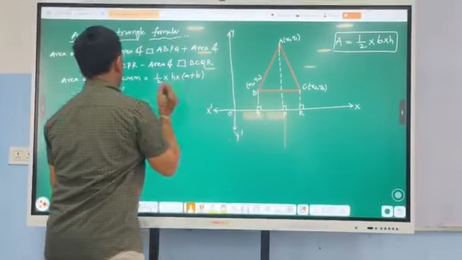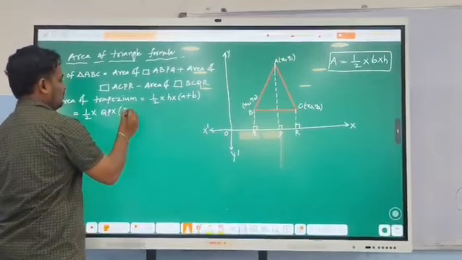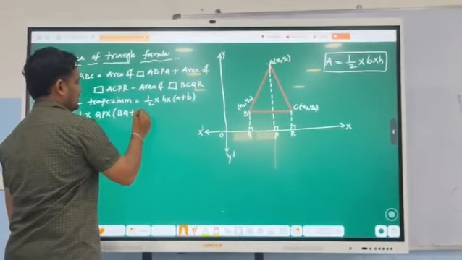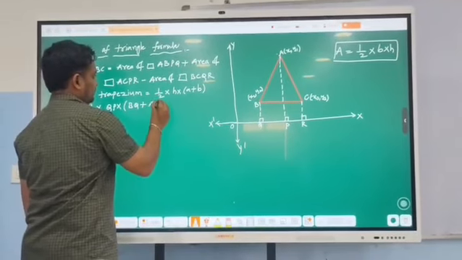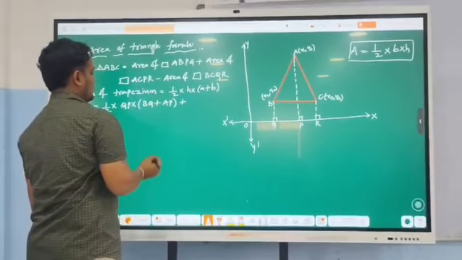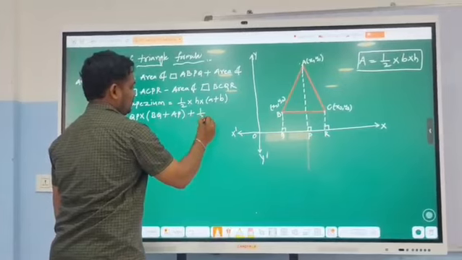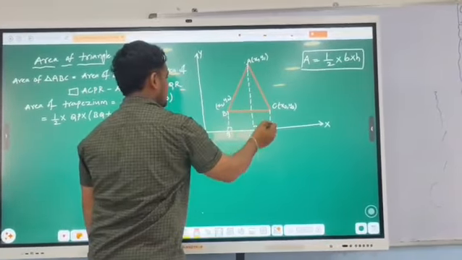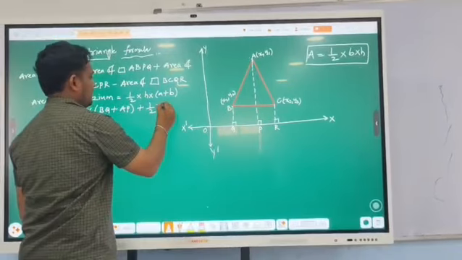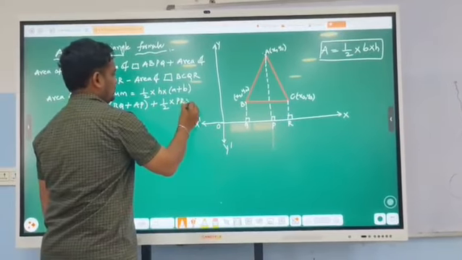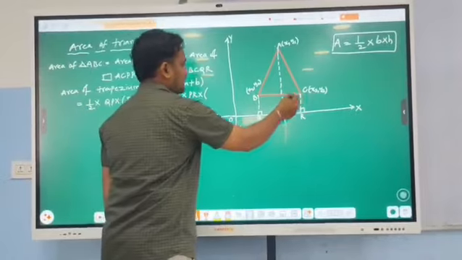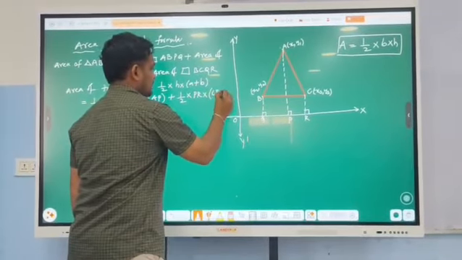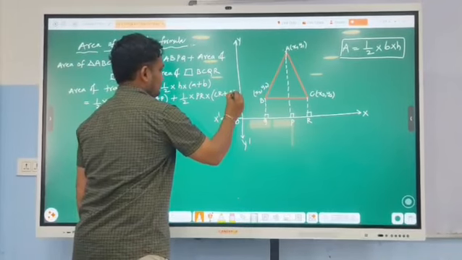BQ and AP. So BQ is one of the parallel sides and another parallel side is AP. Plus, now the second one, half into, here you can see the second trapezium. The height is PR into the parallel sides are CR and AP. That means CR plus AP.